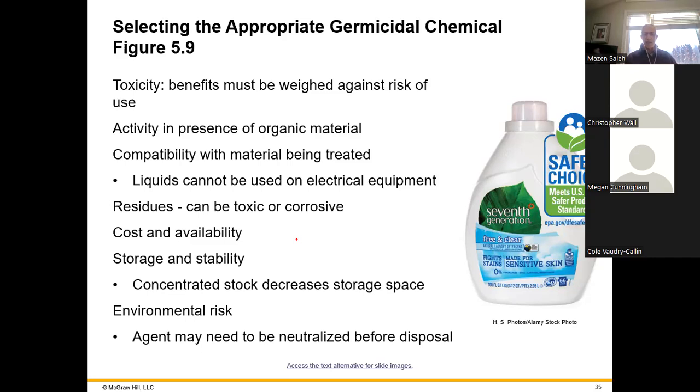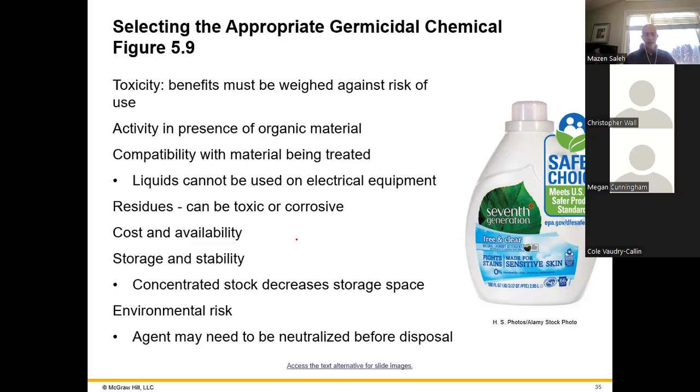Concentrated stock decreases, of course, storage space because every time you need to use it, you dilute it with water, right? You need to consider environmental risk as well, right? Because the stuff will eventually find its way out through the drain or the landfill, and with the rainwater, that material will find its way into the groundwater system, or through the streams and rivers into the lakes, and eventually into our immediate environment.